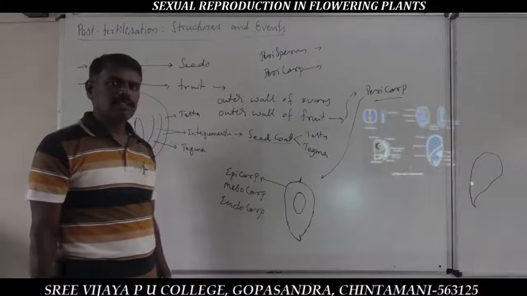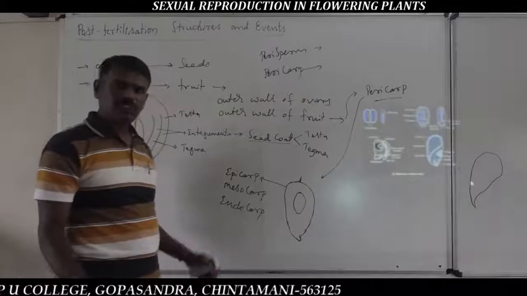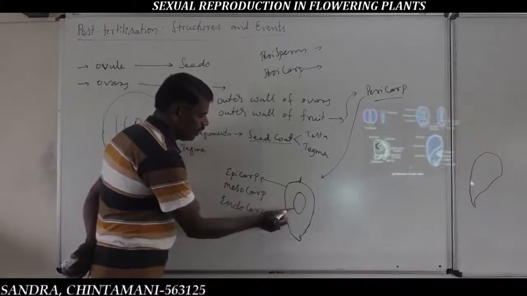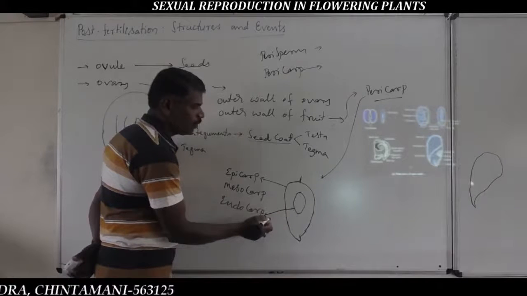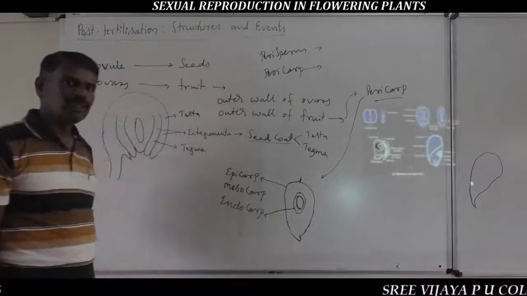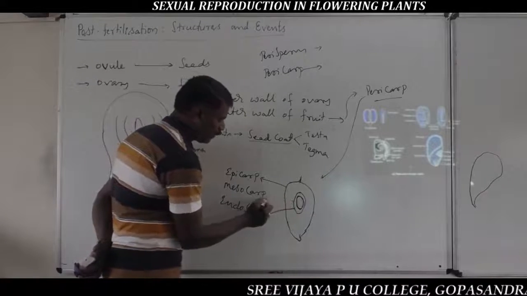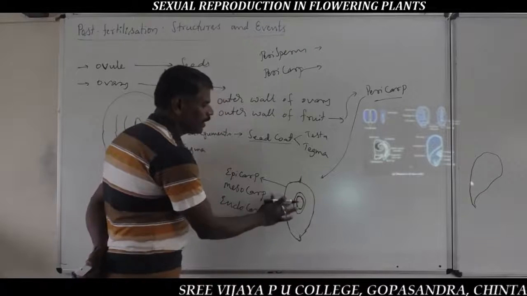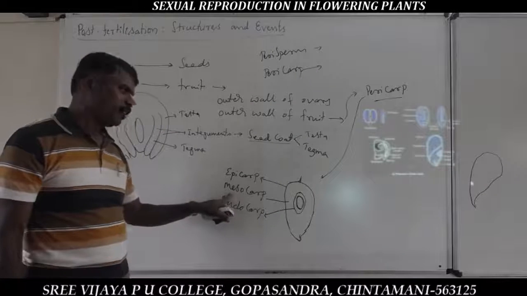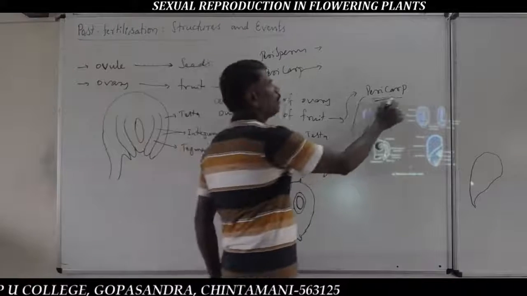It is green in color while young, and yellow or a different color when ripened. The endocarp is the inner layer where the seed is present. In between the endocarp and epicarp is the mesocarp, a pulpy part. All these three layers together are called the pericarp.